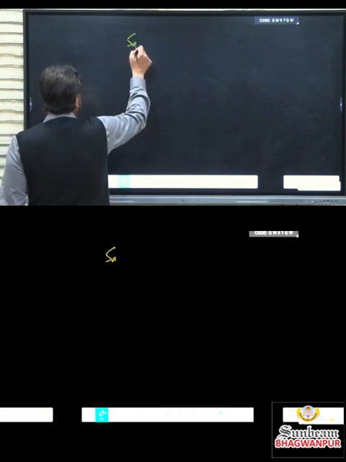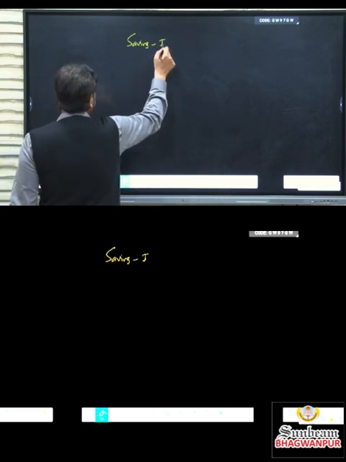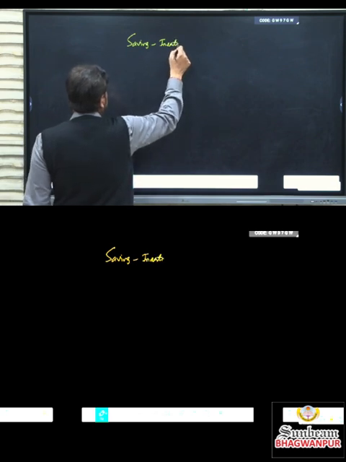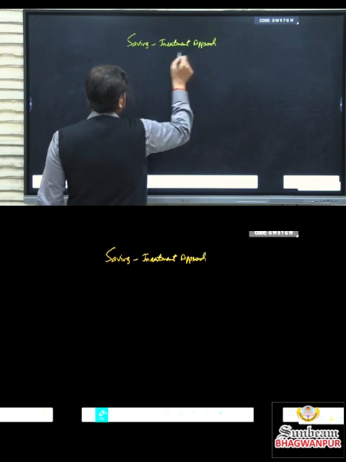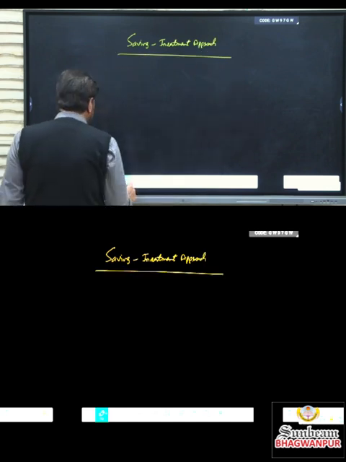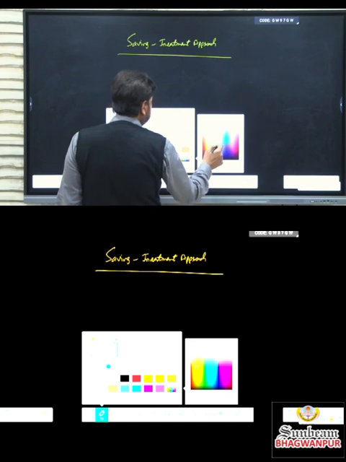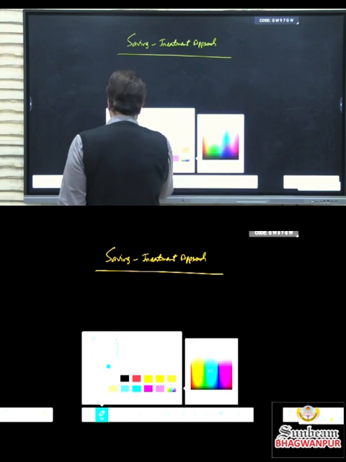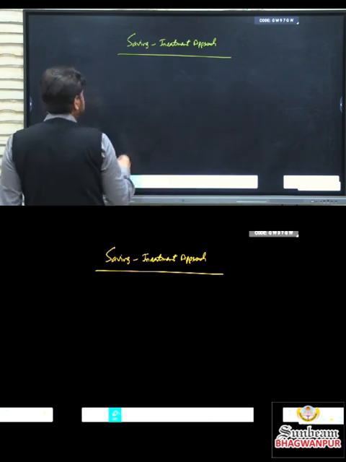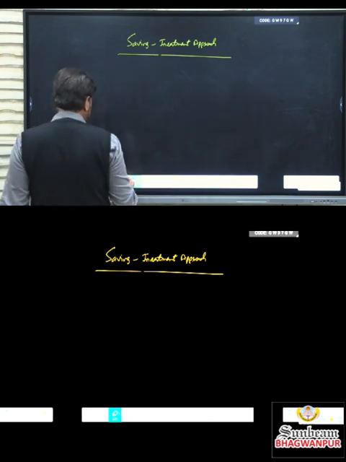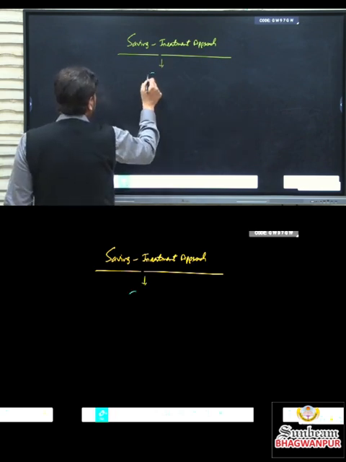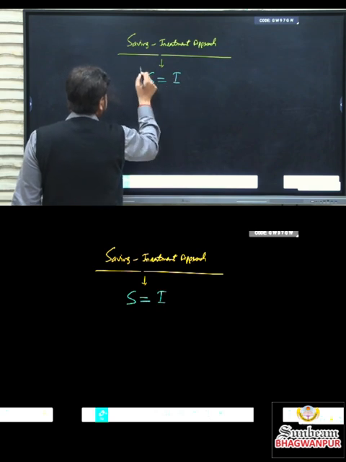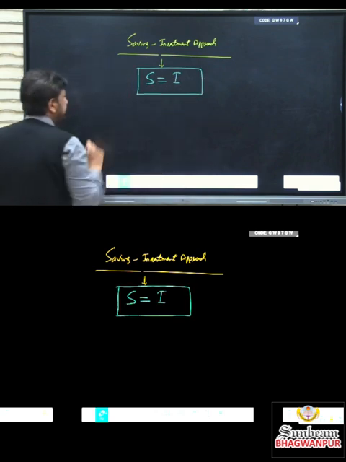The second approach is the saving-investment approach, the SI approach. According to the SI approach, the equilibrium level of income is going to be decided where saving is equal to investment.